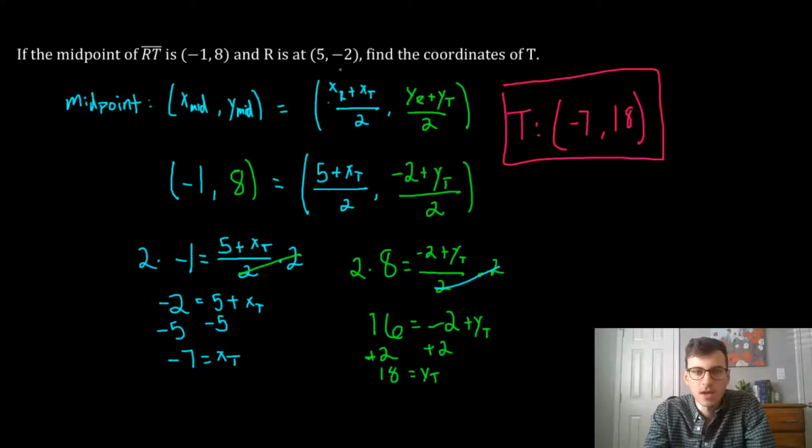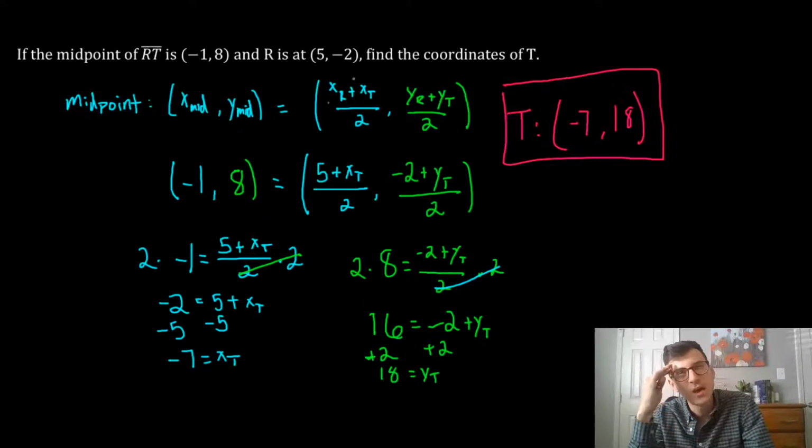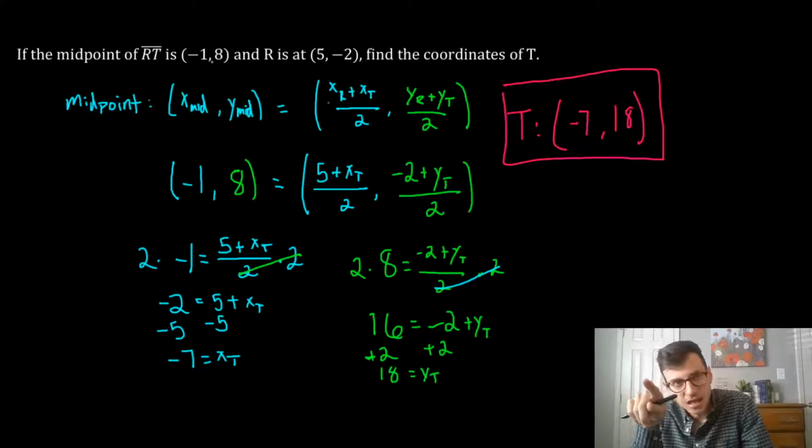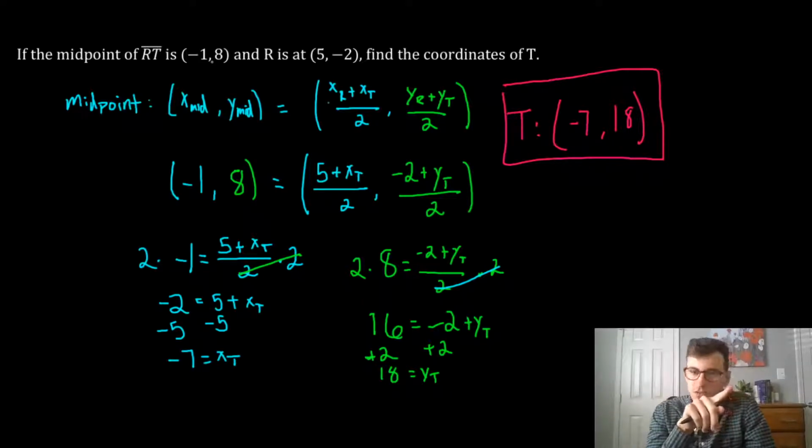R is (5, -2). So this is kind of how I like to think about it. If I were to go from 5 to -1, I would need to go -6 on the X coordinate, right? I would need to move -6, a distance of 6 to the left, in order to find that. So since I moved from here to here, I moved -6.